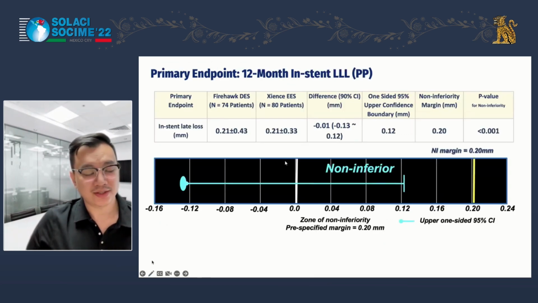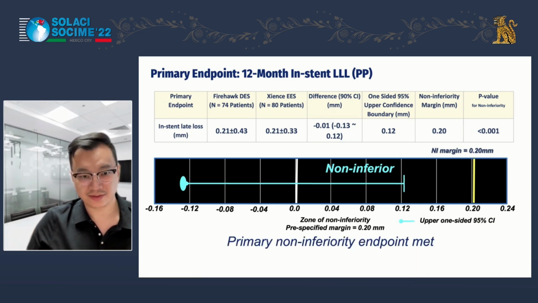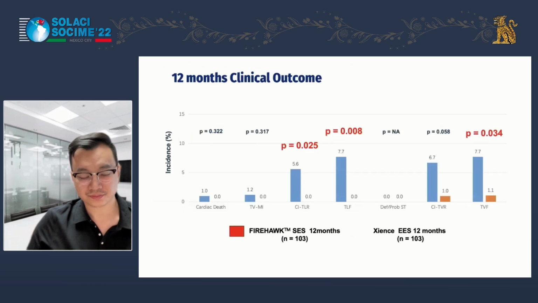Here's the result. The in-stent late lumen loss was 0.2 in both arms. The difference between the 2 stents was basically 0. So the non-inferiority was met. At 12 months, both stents exhibit good performance.